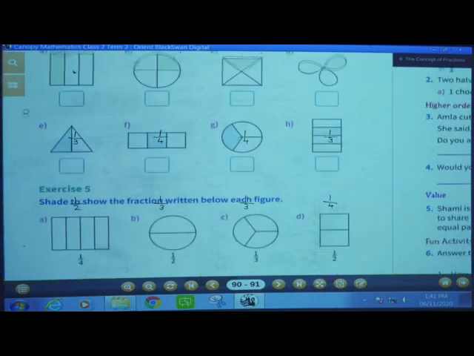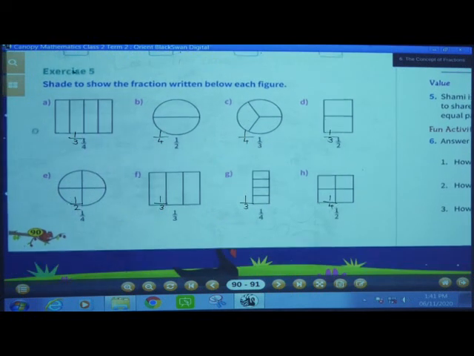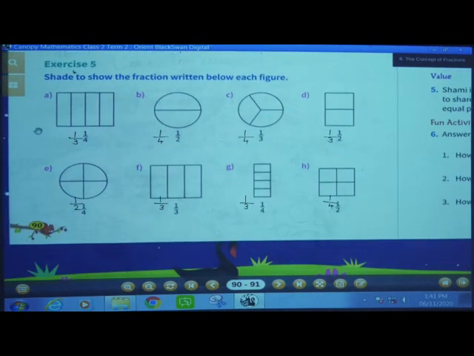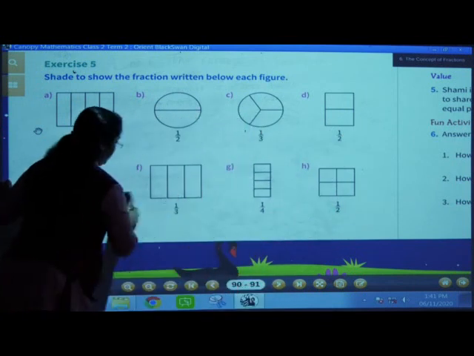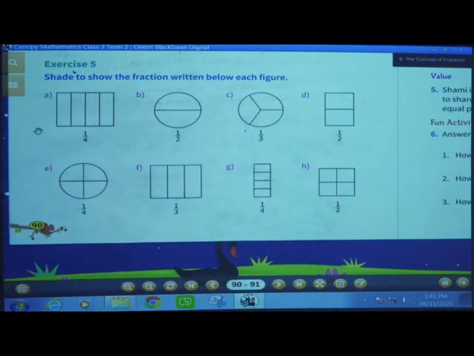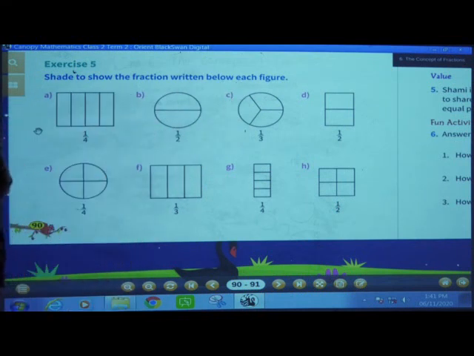Next exercise, exercise number 5. What is the question? Shade to show the fraction written below each figure. Here the fraction is written and we have to shade to show the fraction.